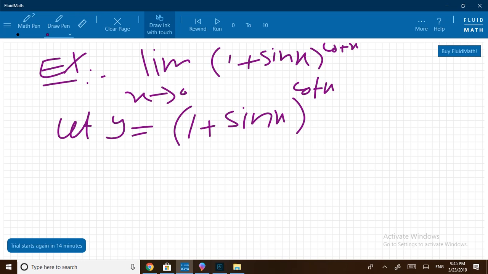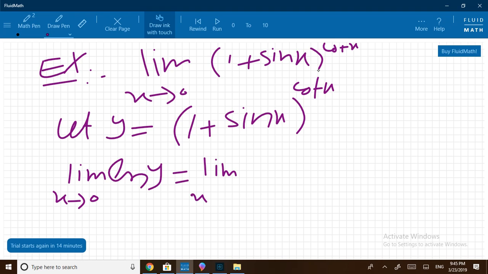Okay, and taking natural log and also the limit as x approaches 0, the limit as x approaches 0 of natural log of y is equal to the limit as x approaches 0 of natural log of (1 plus sine x) raised to the power cot x.